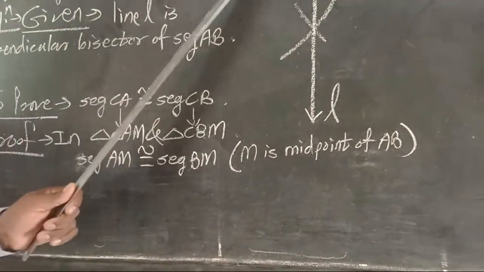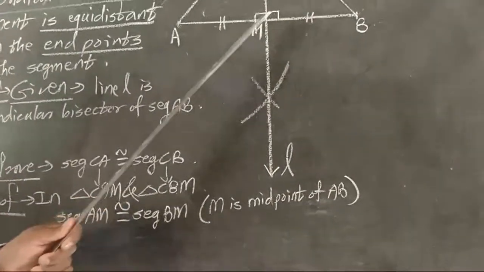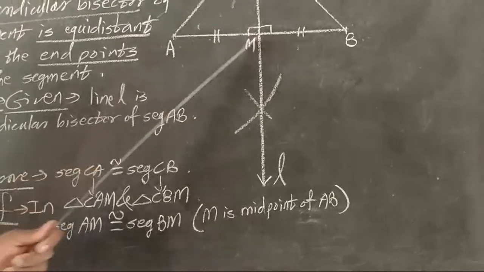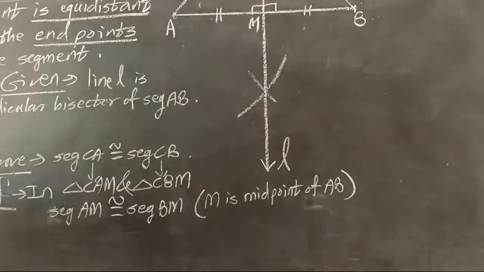This is the first condition. Then the second condition is angle CMA congruent to angle CMB. Angle CMA congruent angle CMB is the correct answer.